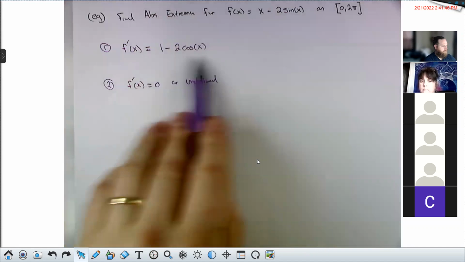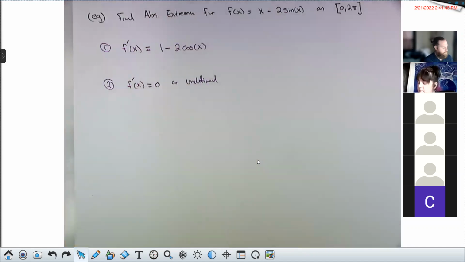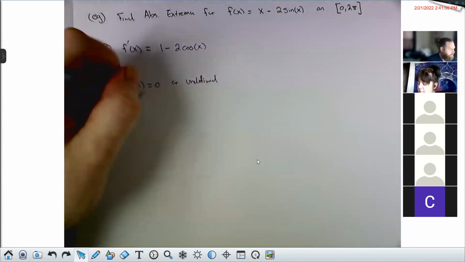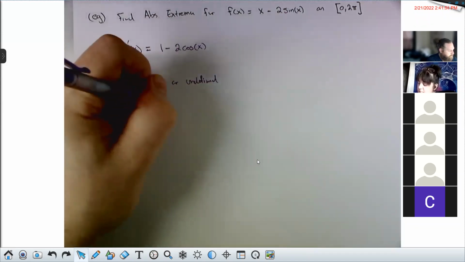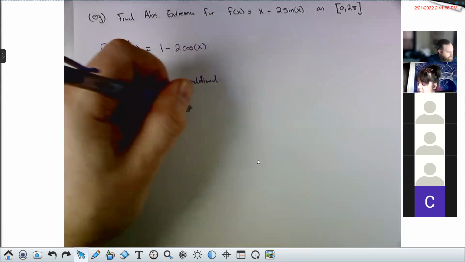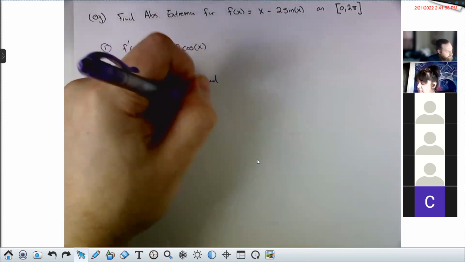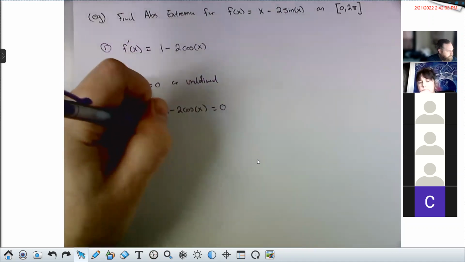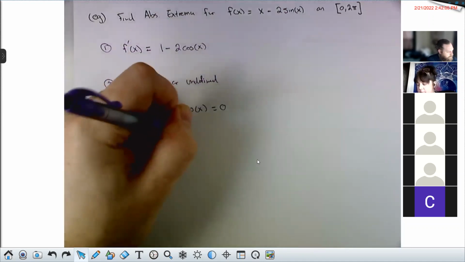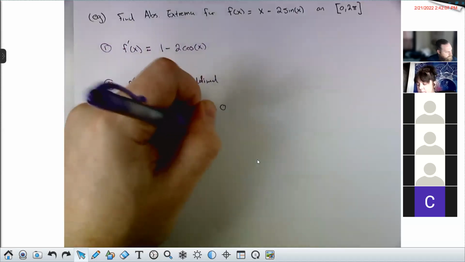Again, this derivative is continuous, so f prime will never be undefined. So we're just worried about where f prime is equal to 0, and that's often the case. This would mean 1 minus 2 cos x is equal to 0, which is the same as saying 1/2 is equal to the cosine of x.